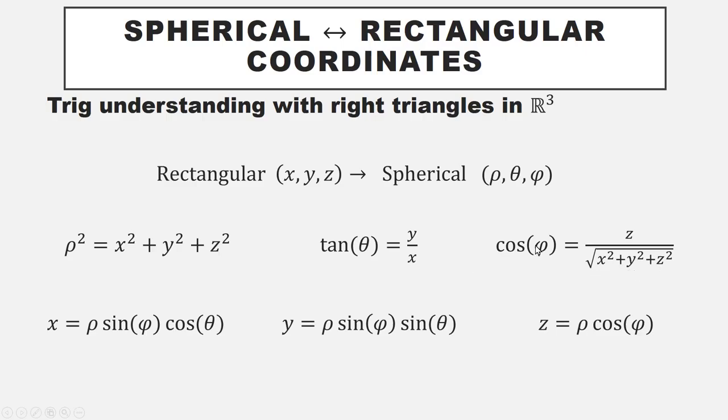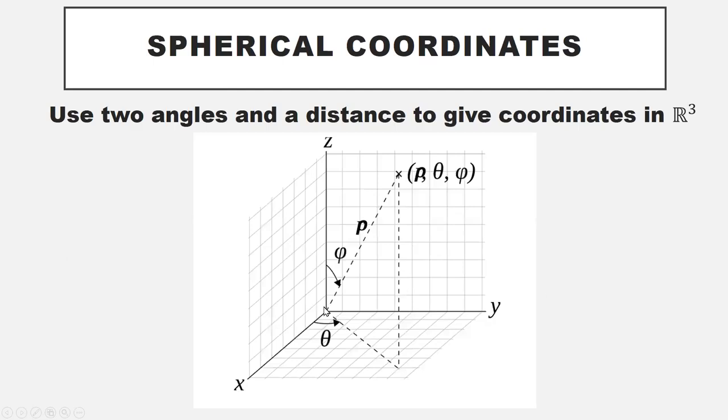This cosine of phi just comes from SOHCAHTOA. The cosine is adjacent over hypotenuse. And so if you look back on this triangle, the phi is the same here as this one.